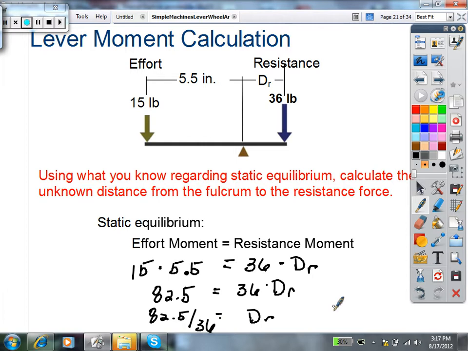Okay. This is approximately 2.29. Right? So that means that if this is going to be maintaining balance, then the fulcrum is only 2.29 inches away from the resistance force.